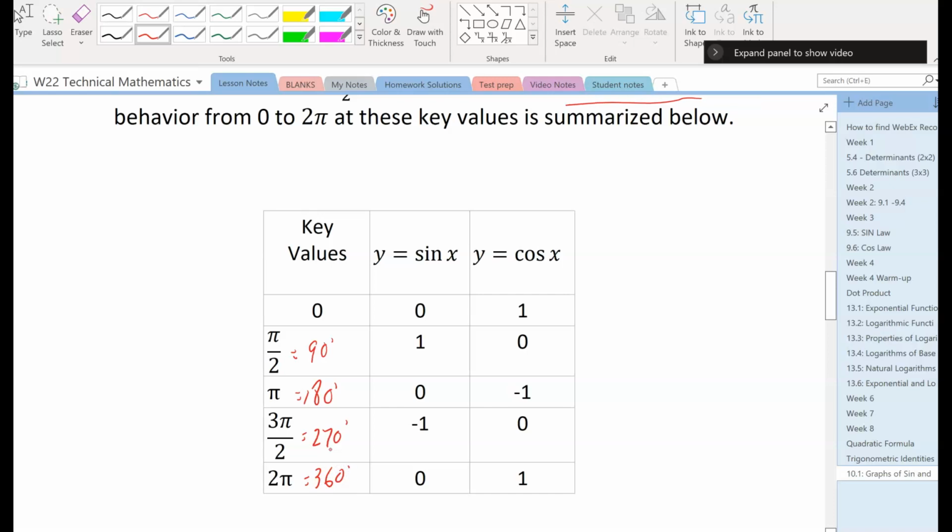And notice what cos does. Same numbers, different order. Okay, so that's a summary of them. When one value's on a 0, the other one's on a max or min, and vice versa.